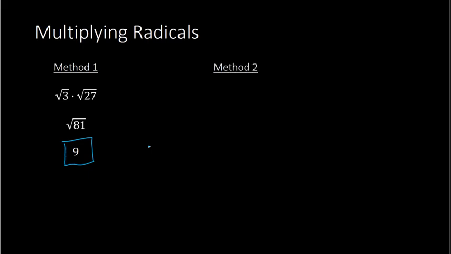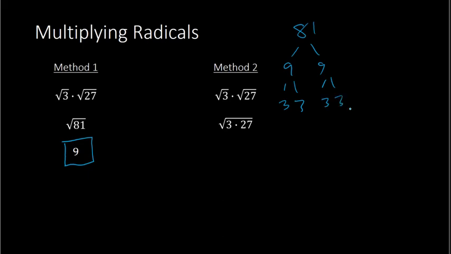So using method 2, if I have the same problem, when I multiply, I don't actually multiply yet to get 81, because method 2 is when I break down and factor the numbers inside. If I multiplied to get 81, I'd have to break back down right away to get 9, 9, and then 3, 3, and another 3, another 3.